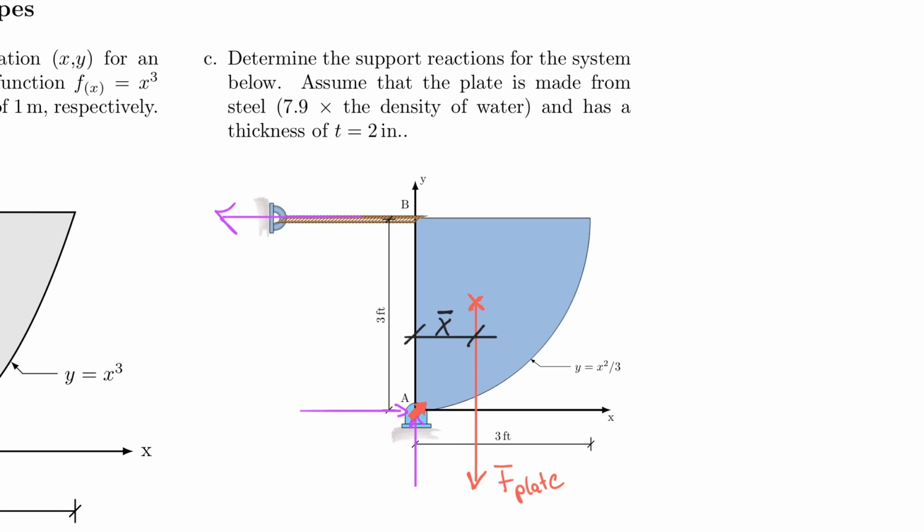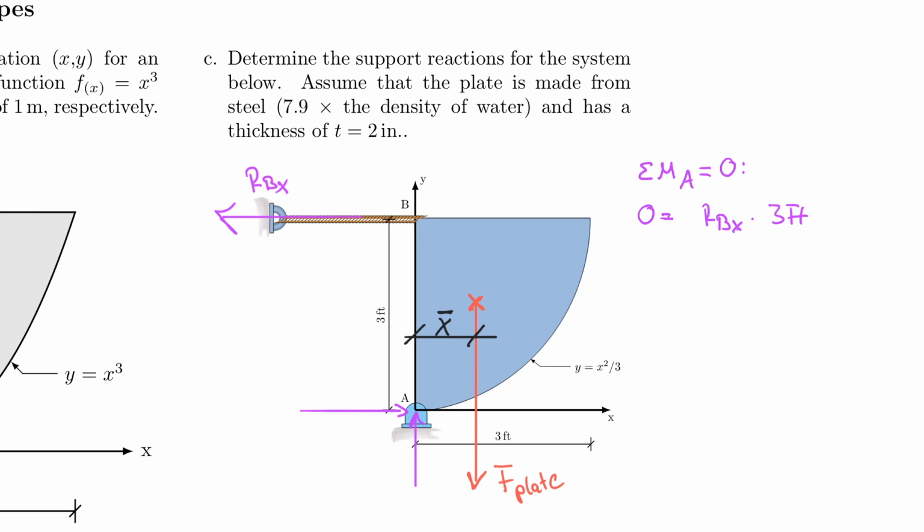And now you probably understand that if I take the sum of the moments about point A, the two things that have a lever arm would be what I call RBX and also F plate. And so to calculate RBY, I would just set up an equation that says the sum of the moments about point A is equal to 0, and 0 is equal to RBX multiplied by 3 feet.